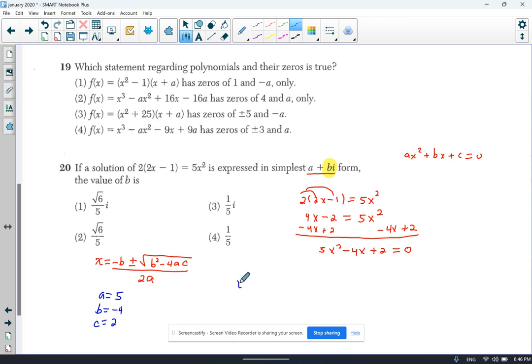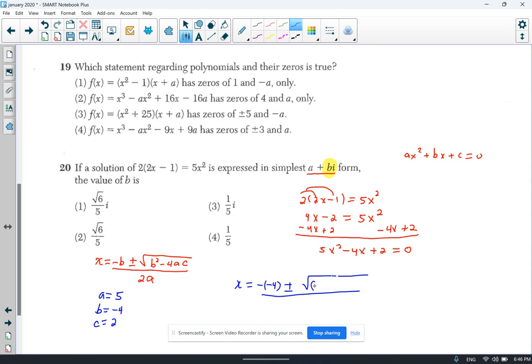So I'm going to substitute into the formula. X is equal to -(-4) plus or minus the square root of b squared minus 4ac, and that's all over 2a. I'm sorry, I lost track of what I was doing.